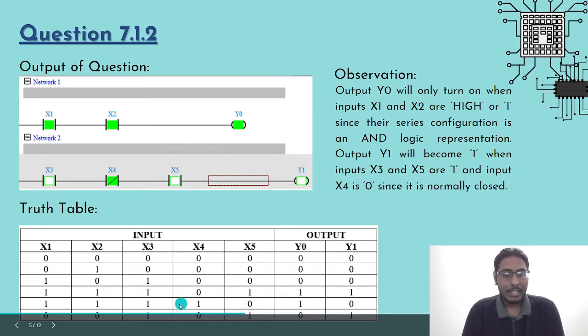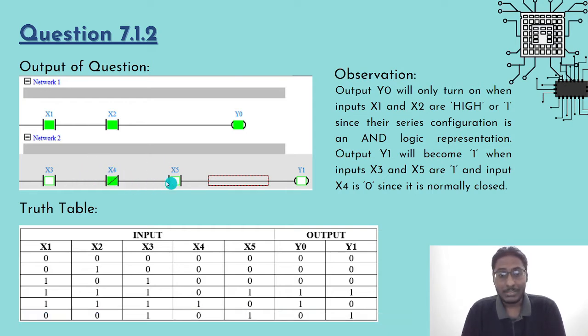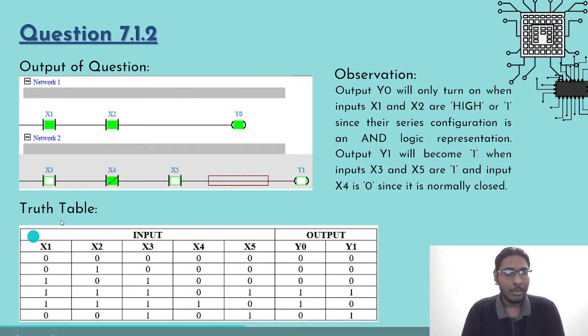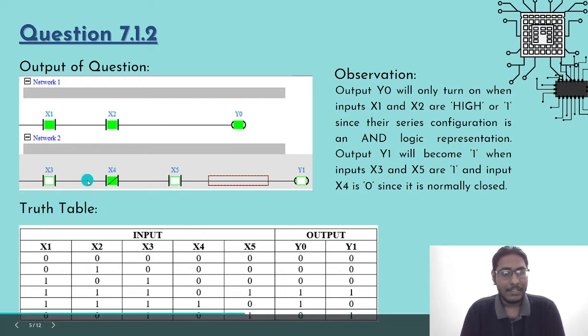And when we set x3 and x4 to 1, this contact will become open. Hence, the current will not pass through to the x5 contact, so it will not turn on y1. The other case is turning off both x1 and x2 and leaving 1, 0, 1 at network 2 right here, which will cause y1 to light up.